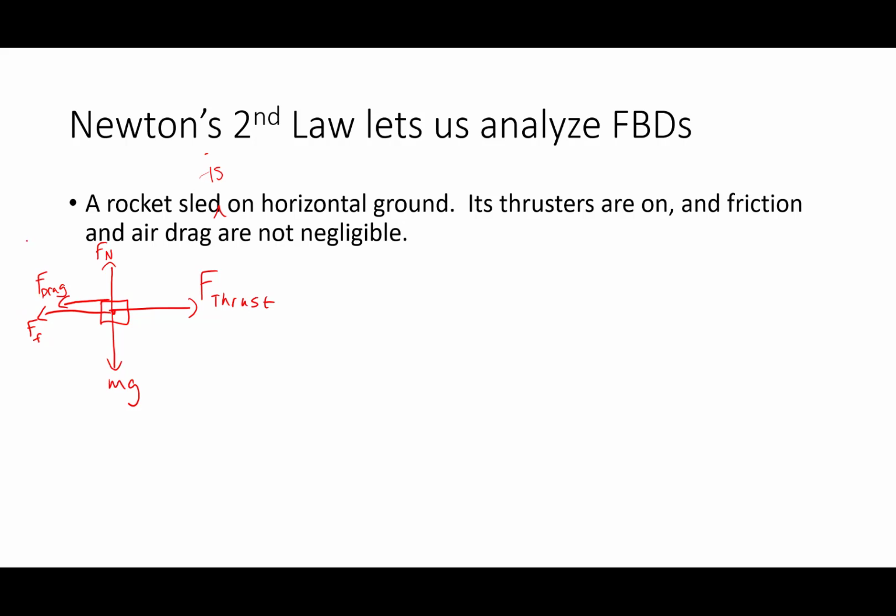The way I've drawn my forces, my rocket sled is slowing down, so the acceleration is going to be to the left. So let's set up sigma F x equals m a x. Since a is to the left, left is positive, so we do friction plus drag minus thrust equals mass times acceleration in the x.